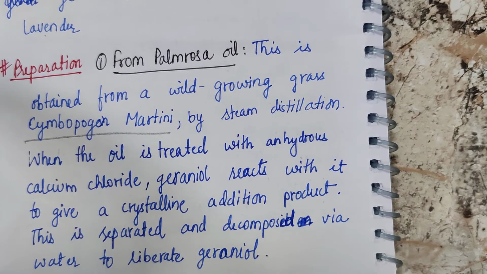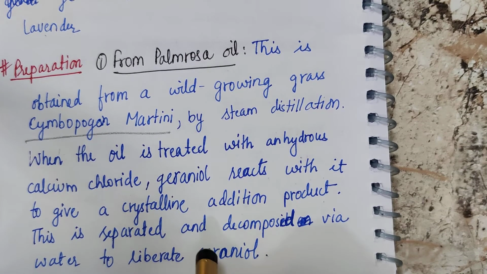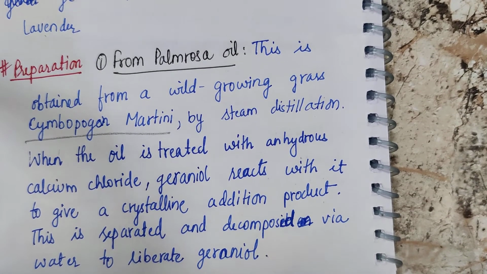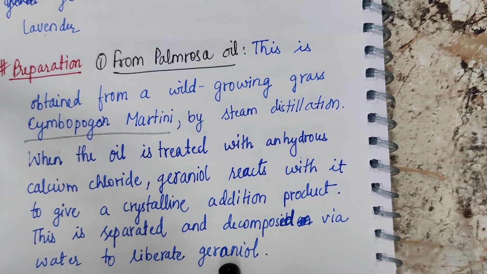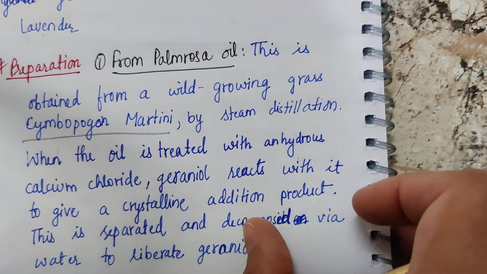Now after separation, the crystal is decomposed by using water, and as soon as you add water, calcium chloride being an ionic compound ionizes and dissolves into the water, and you get geraniol separated. So this is one method of preparation.